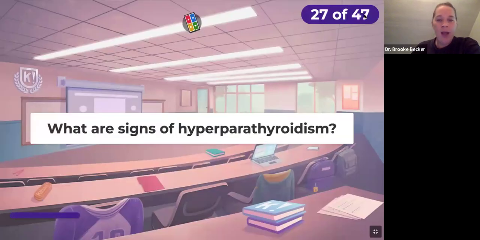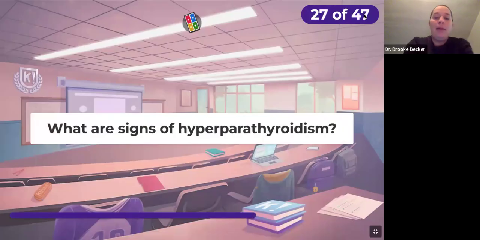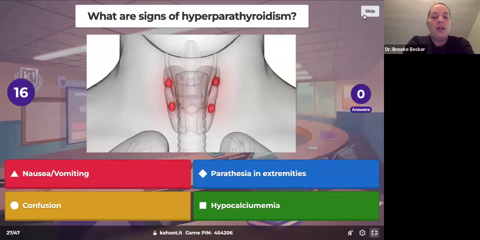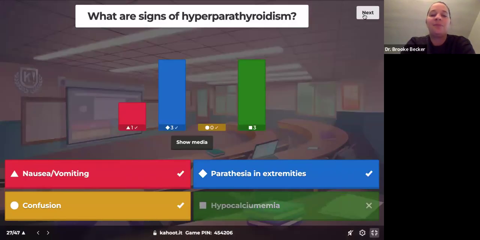Multiple select. What are signs of hyperparathyroidism? Nausea, vomiting, paresthesias in the extremities, confusion, hypocalcemia. Okay, so nausea, vomiting, paresthesias, so that numbness and tingling, that's what a paresthesia is, remember, and confusion.